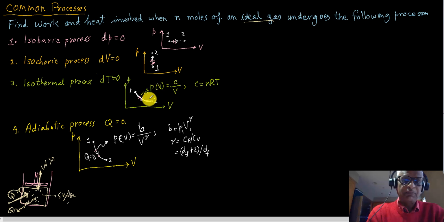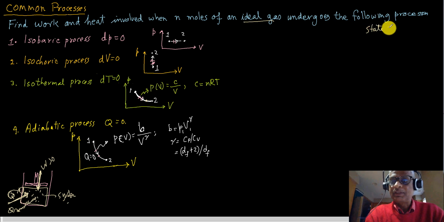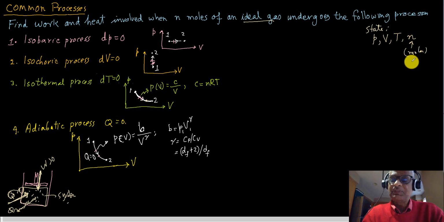If you look at any one point, the state is defined by how much pressure there is, how much volume there is, what temperature there is, and how much gas you have. We're going to use n as moles. Sometimes you want to use N as the number of molecules.